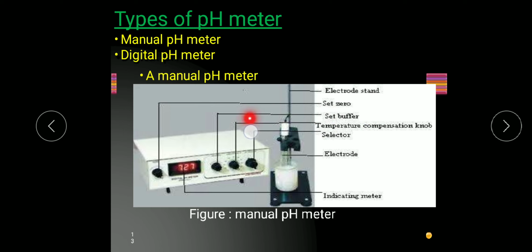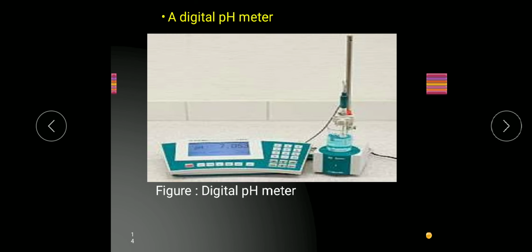Next button is the temperature compensation knob. The third button is the selector, that is pH or electrode. Then this is the indicating meter display, indicating the reading. This is the manual pH meter. Then next is the digital pH meter.